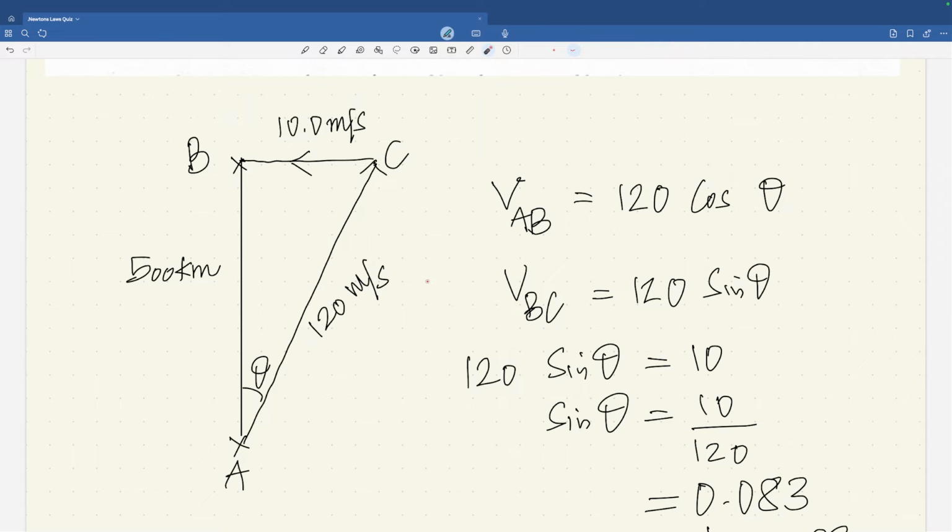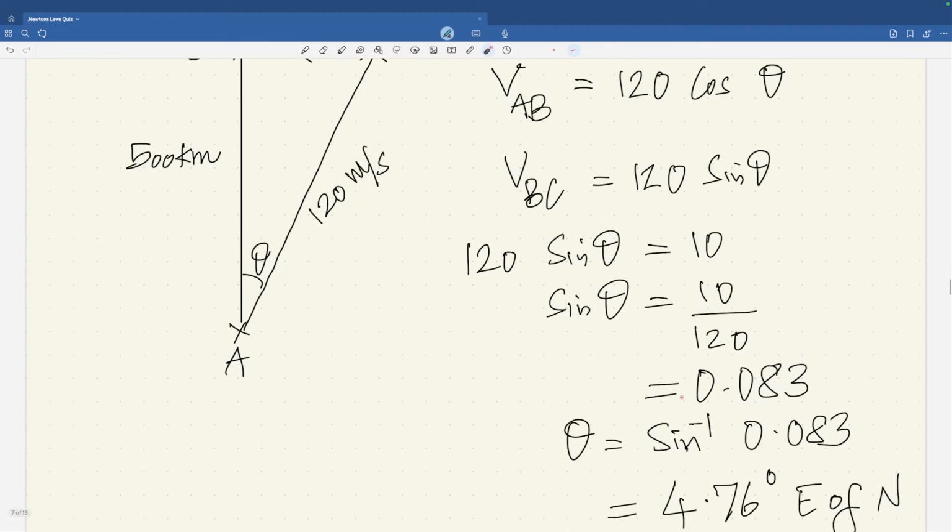And therefore, if this angle is theta, which we're trying to find, then sine theta is BC over AC. We're talking about velocities, so 10 divided by 120 will give you sine theta.